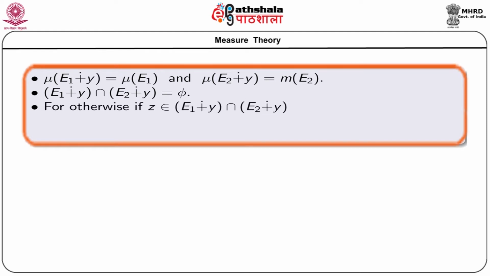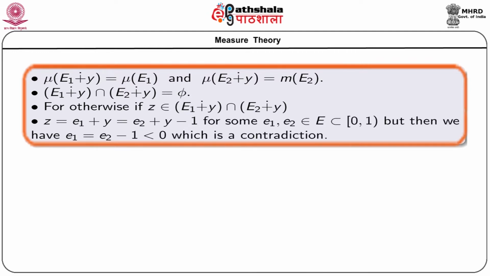Because otherwise, if we take a point z in the intersection, then by definition this point z looks like e1 plus y, since it belongs to E1 plus y, and at the same time it is of the form e2 plus y minus 1, where e1 and e2 belong to E, a subset of [0,1).